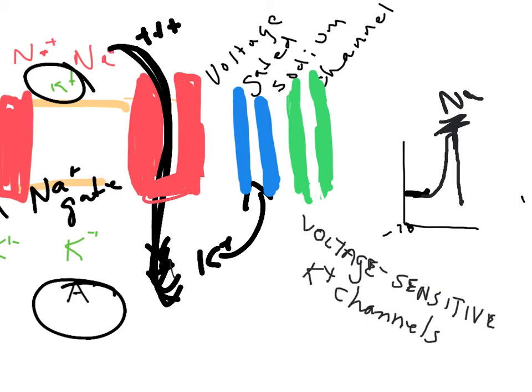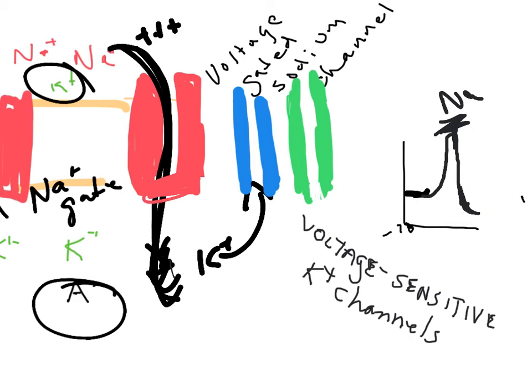Because the voltage-sensitive potassium channels are a little bit slow to close, you have this period where more potassium leaves the cell than normal, and you have a refractory period where the cell becomes hyperpolarized and cannot achieve another action potential. Additionally, it takes a bit of time for these inactivated sodium channels to become active again.